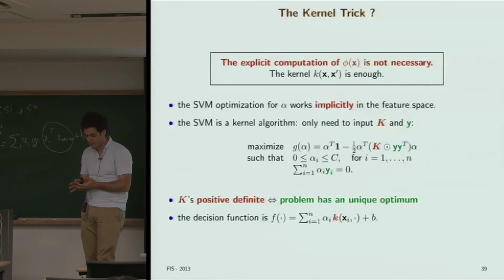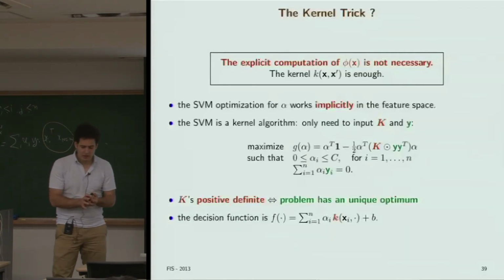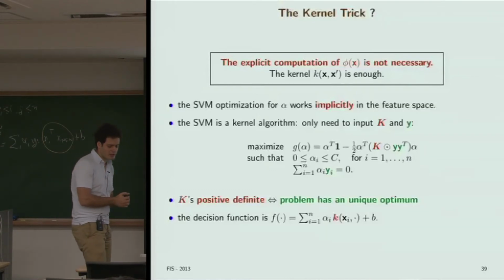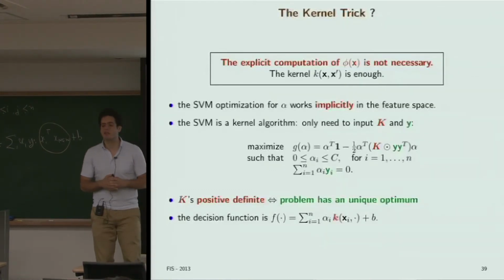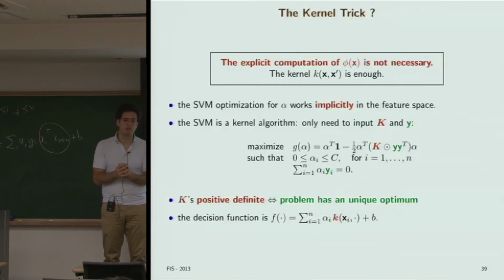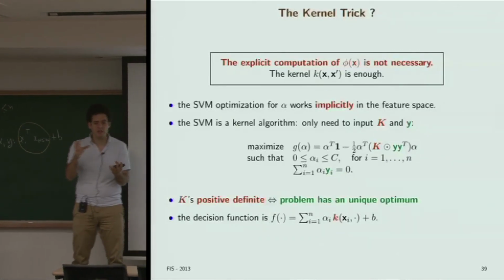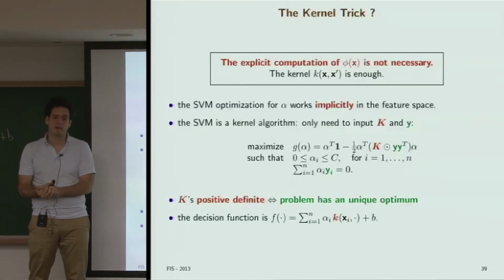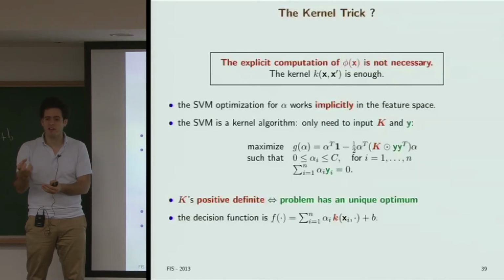Imagine I design a phi that is a very, very long, infinite dimensional feature vector, for instance for a 3D molecule. Of course, I cannot give you phi of x, because it wouldn't fit in your memory. But suppose I have an algorithm that computes the infinite sum when taking the dot product of two infinite vectors.